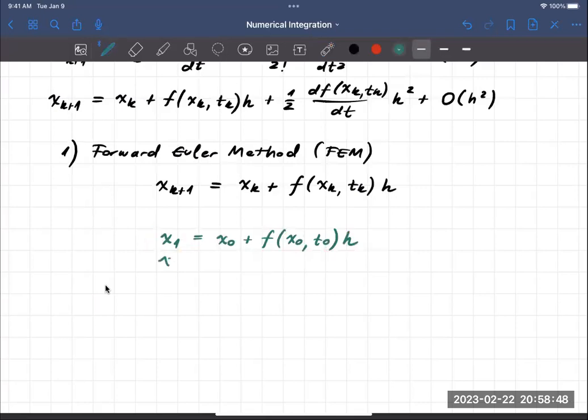If we want to get the second step, we simply take that x1 that is already computed and evaluate f of x1, t1 times h. Remember that t1 is simply t0 plus h, and this is going to be the solution for t2, which is simply t1 plus h, right?